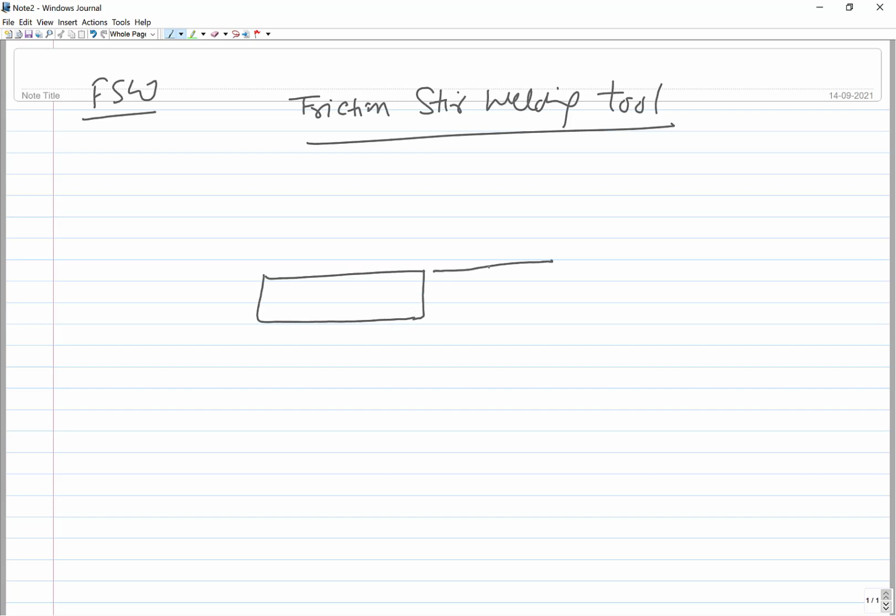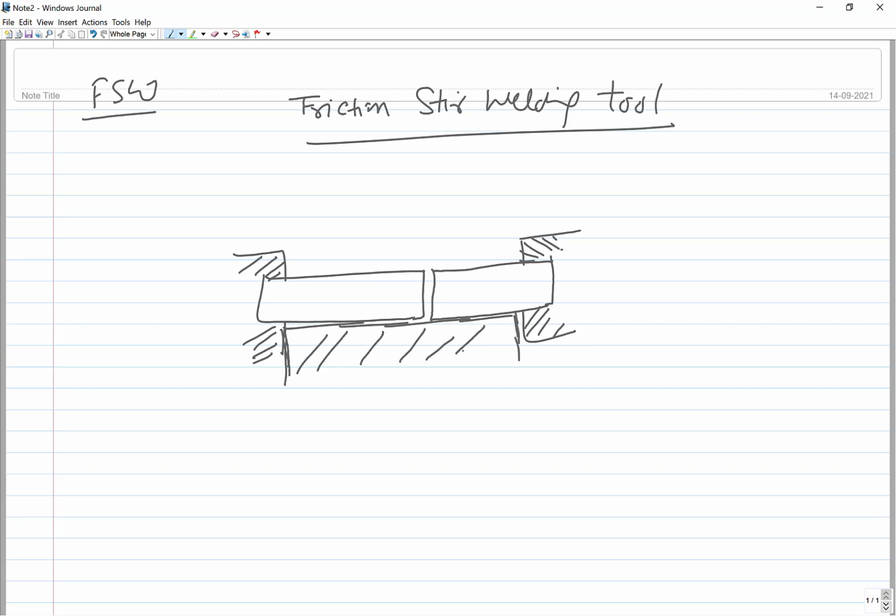The plates to be joined are something that you need in any case, and the workpiece must be held in its position very firmly. Okay, and this needs to be supported very firmly on a suitable robust table. So you can say the workpiece holding firmly is very crucial.